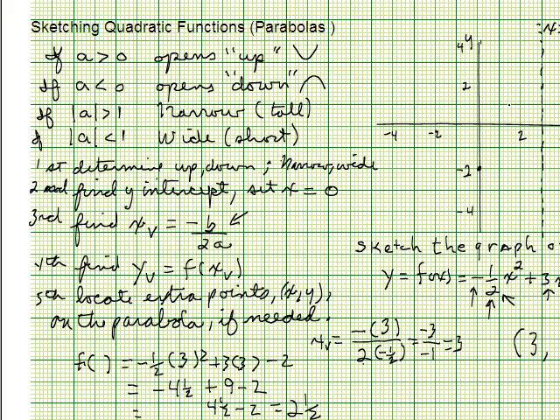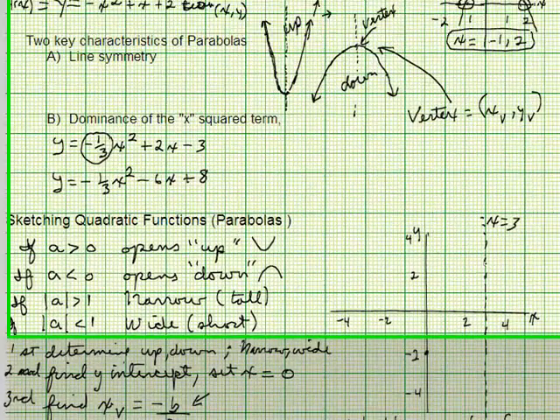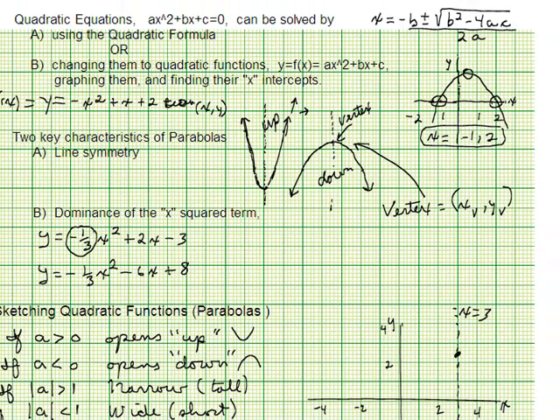So my y vertex is going to be at 2.5. Here's 2. Here's 2.5. So there's my vertex, (3, 2.5). Clearly now I can see that it does open downward because my vertex is above my y-intercept.